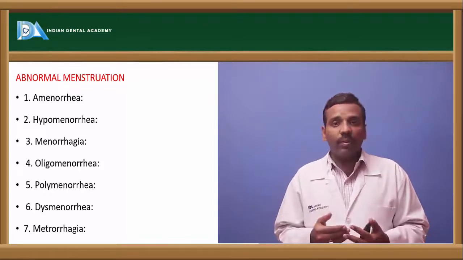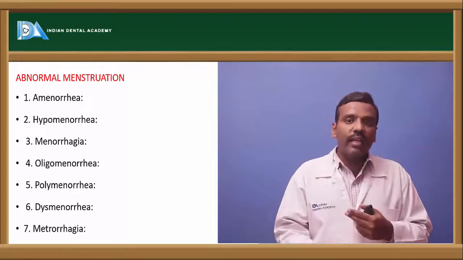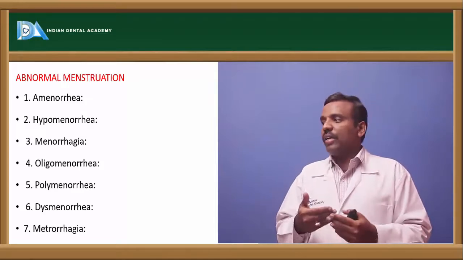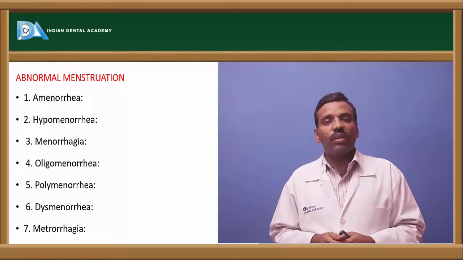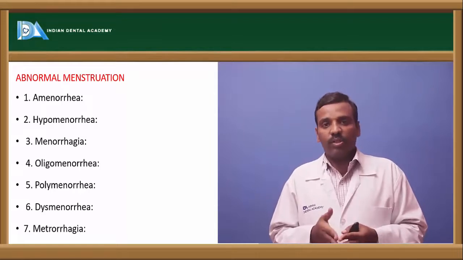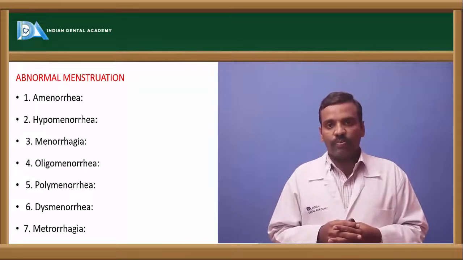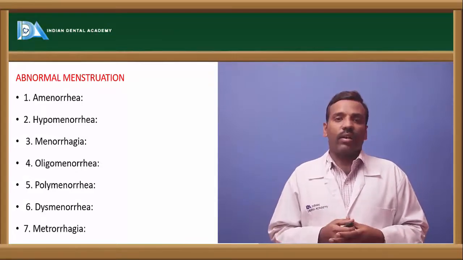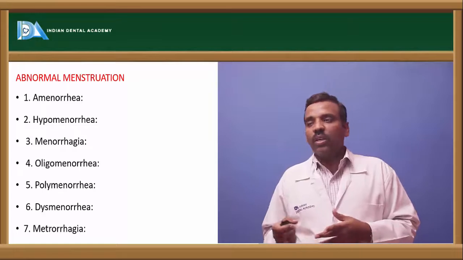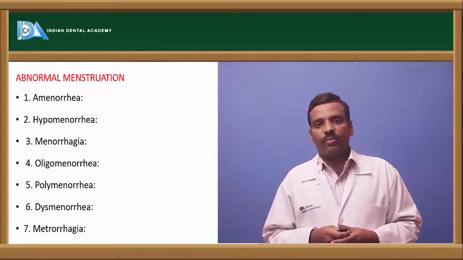Polymenorrhea means the bleeding is more. Dysmenorrhea means discomfort, pain and depression, all of this comes under dysmenorrhea. And metrorrhagia is one of these with all these causes.